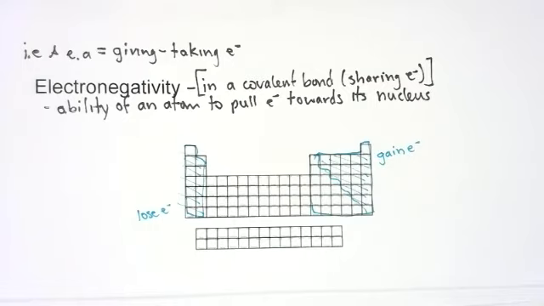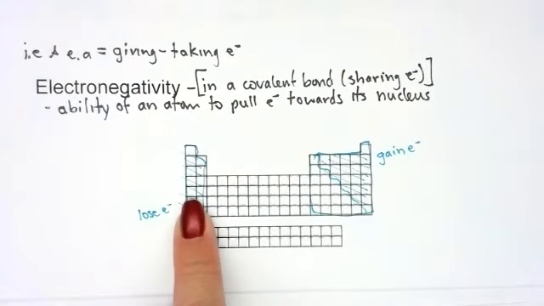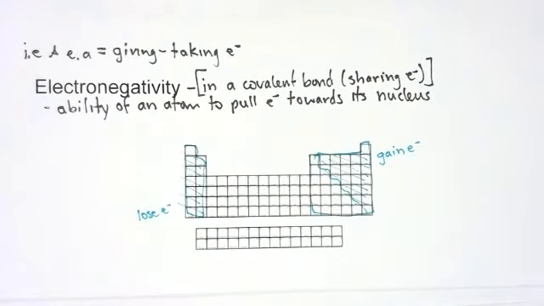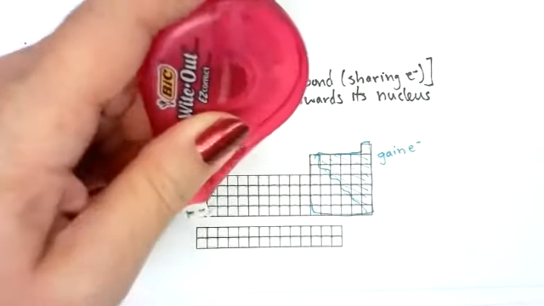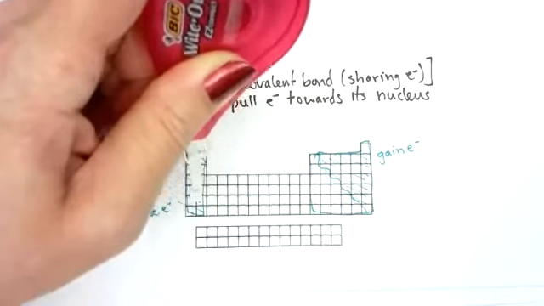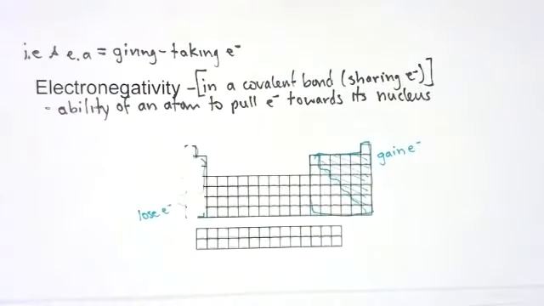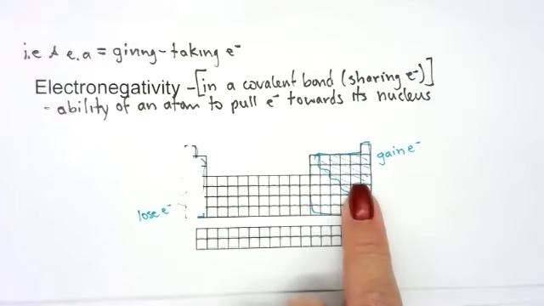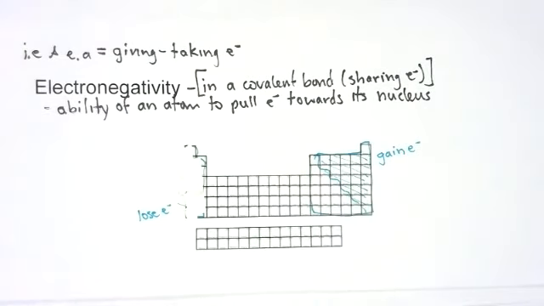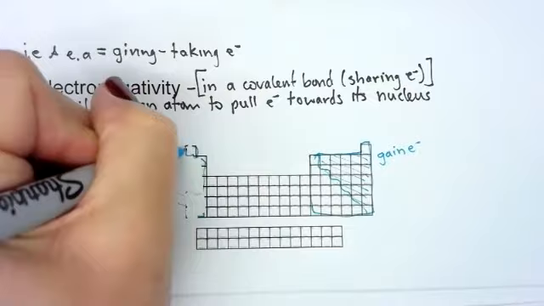That's a mistake. I should not have colored this in, because these guys don't covalent bond. I'm just going to white that out so we can pretend I didn't do that. Only nonmetals really covalent bond, so we're talking about these guys. But hydrogen, of course, is the exception.